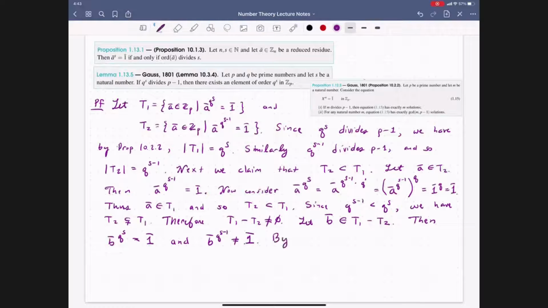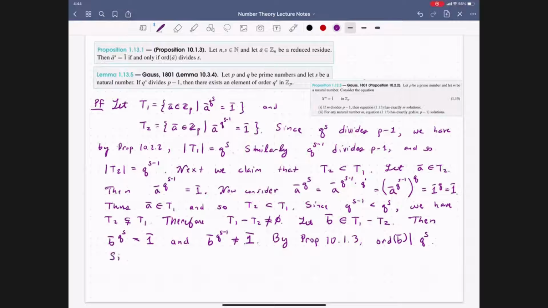So by proposition 10.1.3 from the book, the order of B bar divides q to the s. But q is prime, and we know that the order of B is a natural number, so we have a natural number dividing q to the s.